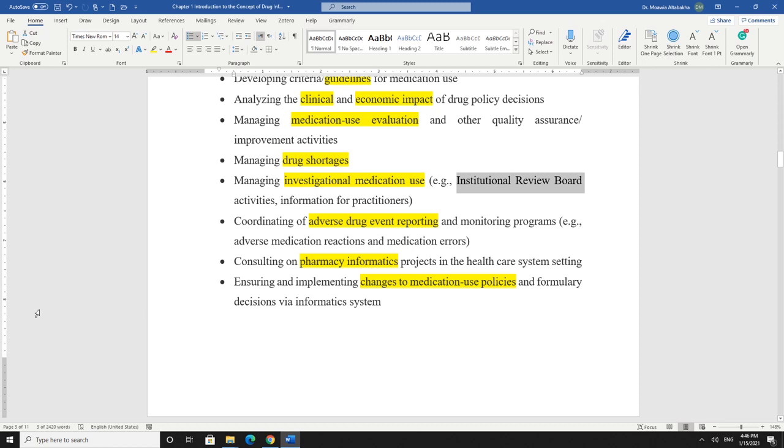The Institutional Review Board is responsible for approving the use of investigational drugs. When we talk about an investigational drug or medication, it means it has not been done before. For example, you have a new drug, and they want to see whether it's effective or not.